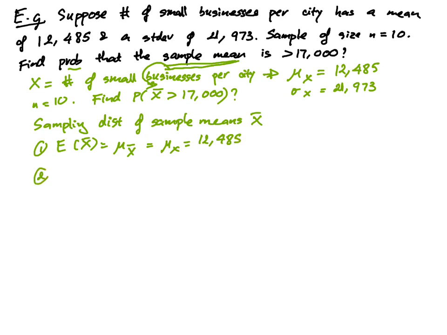Second, the standard error, sigma x bar, is equal to sigma x divided by root n. So this is going to be equal to 21,973 divided by the square root of 10.